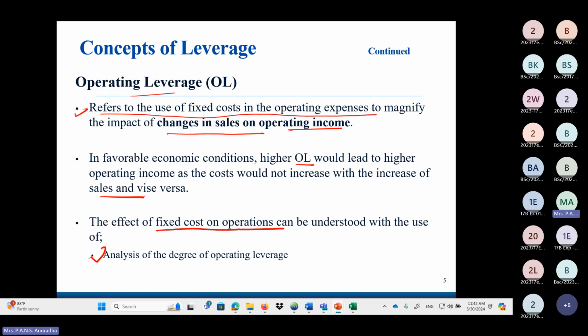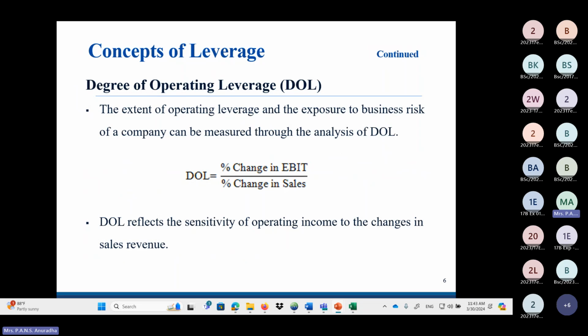Quantitatively, you can calculate the impact of these fixed operating expenses on the operating profit by calculating the degree of operating leverage. See here: percentage change in EBIT, earnings before interest and tax, net operating profit, divided by percentage change in sales. This is what we call the degree of operating leverage.